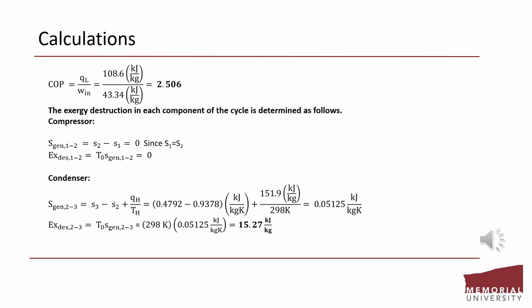Now we will calculate the Exergy destruction at each component. In the compressor, as we know, the entropy at S2 and S1 is the same, so the entropy generation will be 0 and the Exergy destruction will be 0 too. In the condenser, we can find the entropy generation from the given equation. After that, we can calculate the Exergy destruction from T0 times S generation, which will be 15.27 kJ per kilogram.